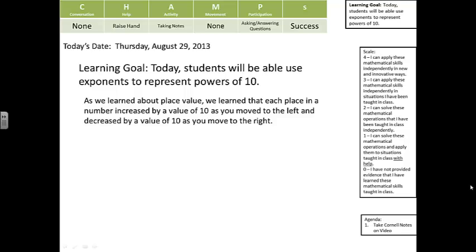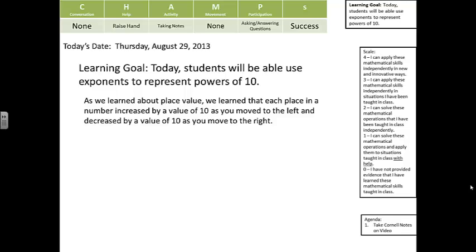As we've learned when we were talking about place value, when you go from one place value to the next, if you're moving to the left, the values of the numbers are going to increase by 10. So if you go from the ones place value to the tens place value, it's going to be 10 times larger. If you go from the tens to the 100s, it's going to be 10 times larger.